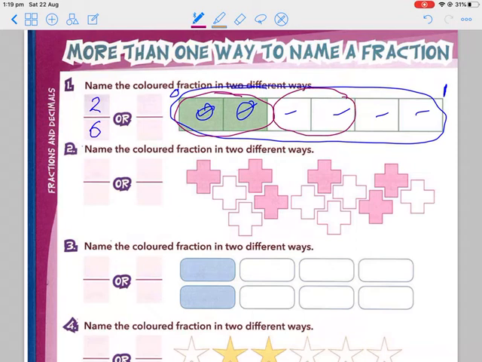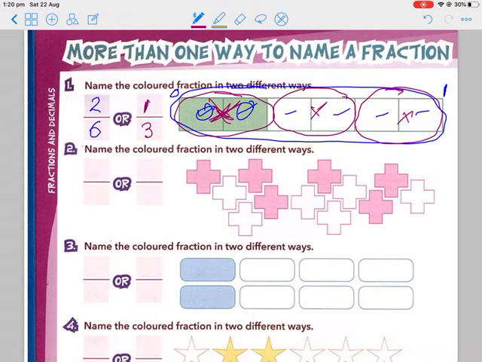There's 2, and then there are 3. So there's this group, this group, this group. What should my denominator be here? How many groups have I got between 0 and 1? I've got 3 groups, and how many of those are shaded? You bet, one of them is shaded.